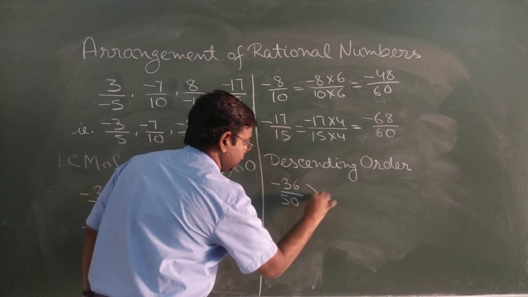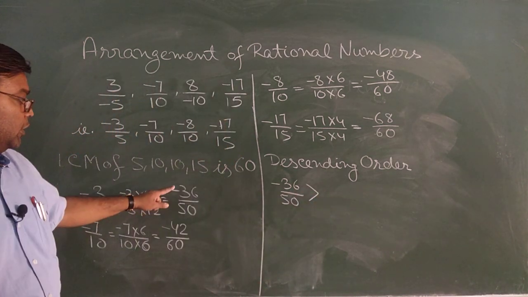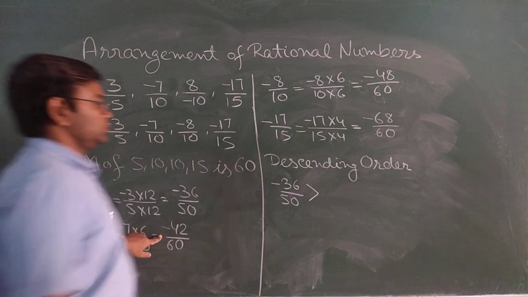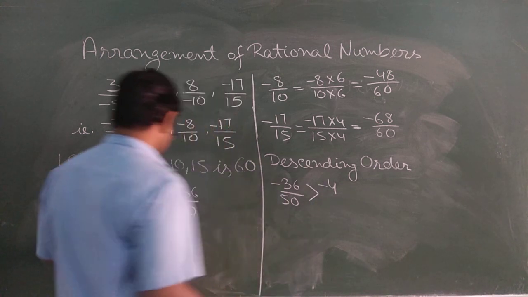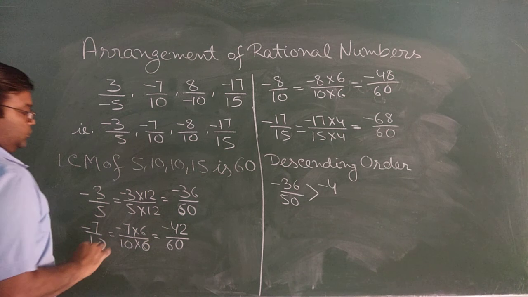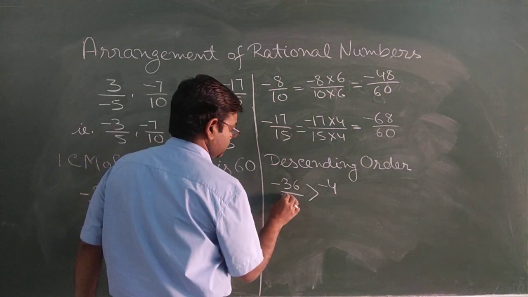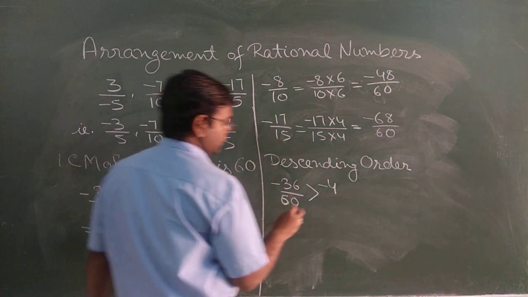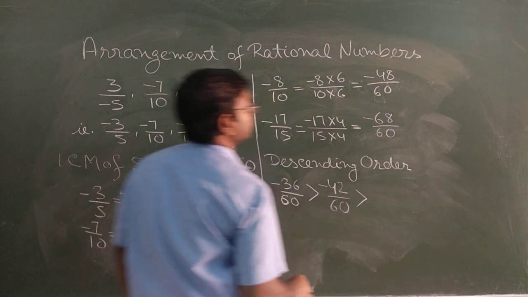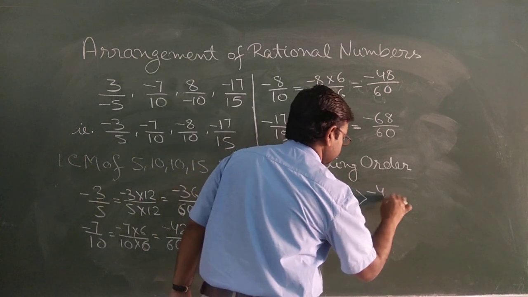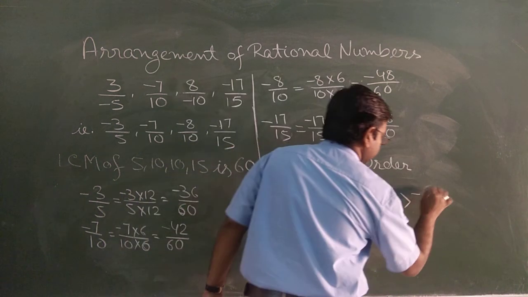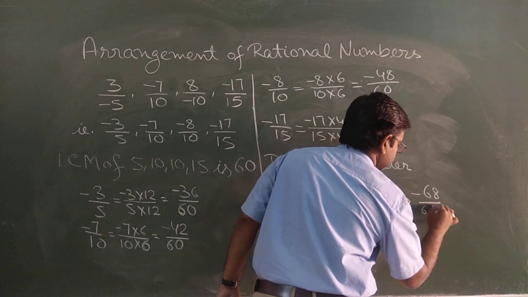This one is greater than, with whom? See, after 36, the next number is minus 42 upon 60. Clear? Then minus 42 upon 60 is greater than minus 48 upon 60, greater than minus 68 upon 60.